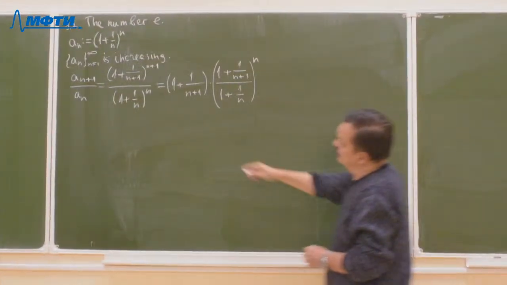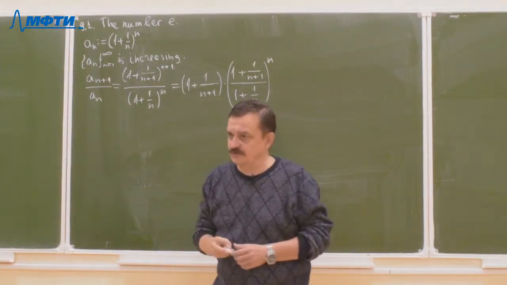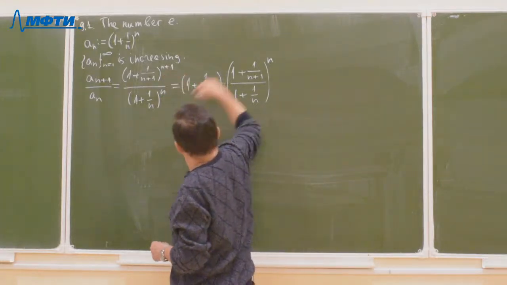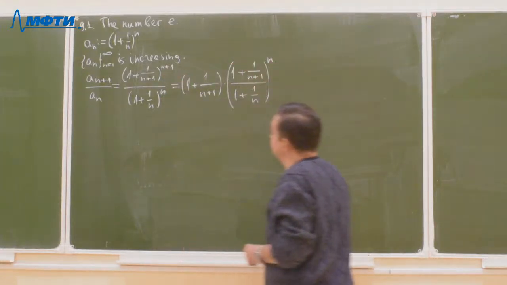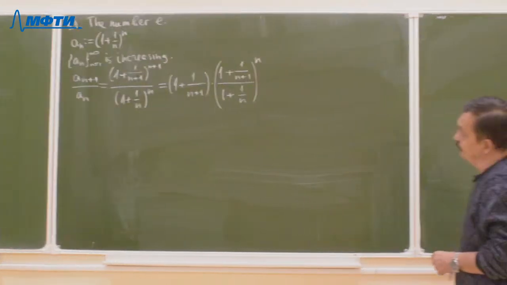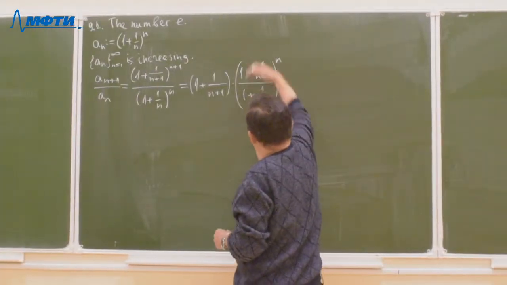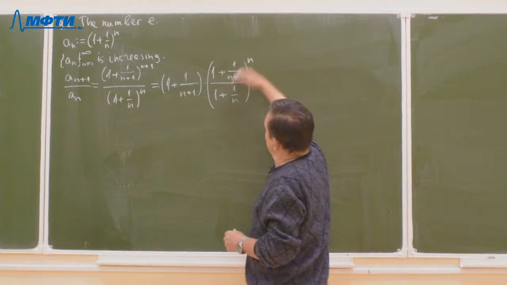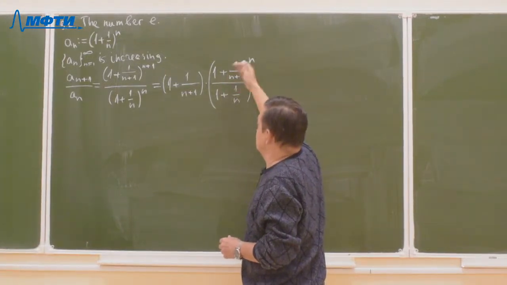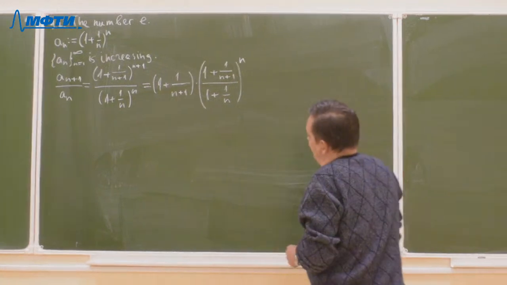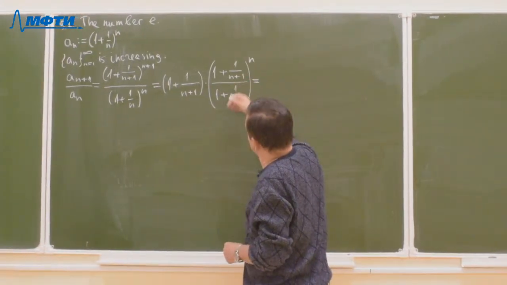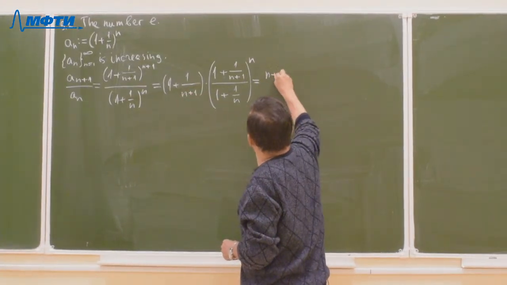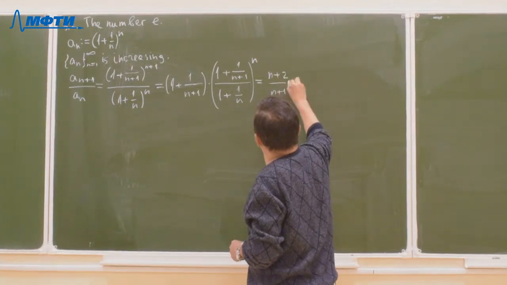So we split the exponent n plus 1 into two parts, n and 1. 1 is here, n is over there. Then here we have four stories, so we may simplify it to make just a usual fraction. So the first term will be (n plus 2) over (n plus 1).